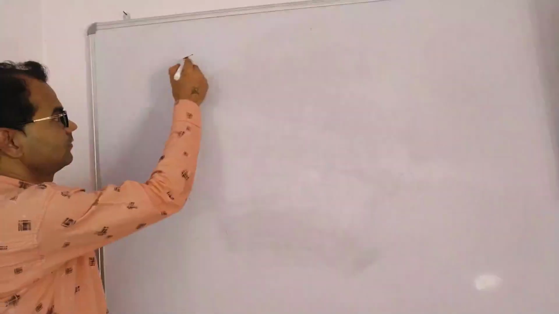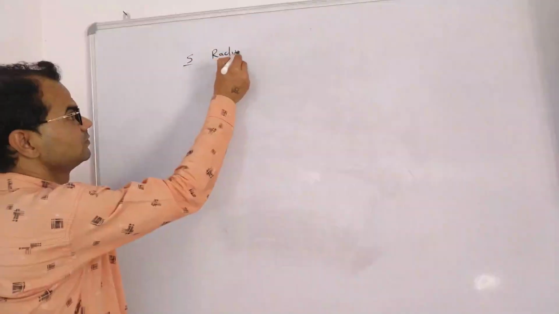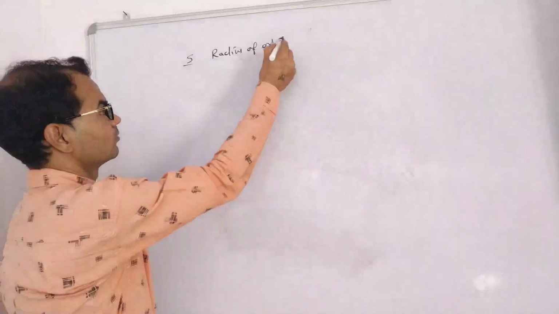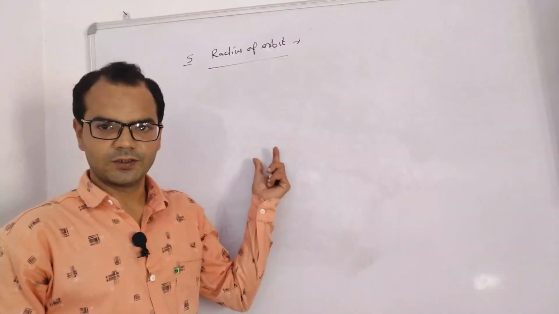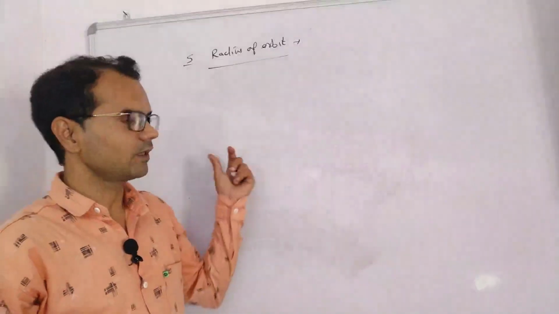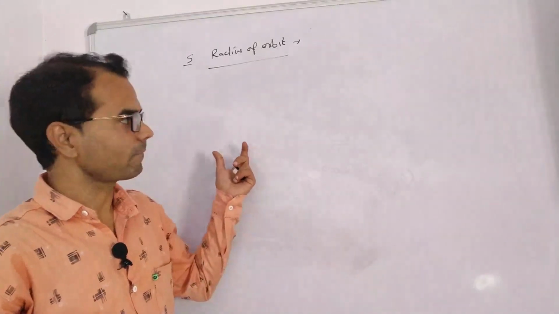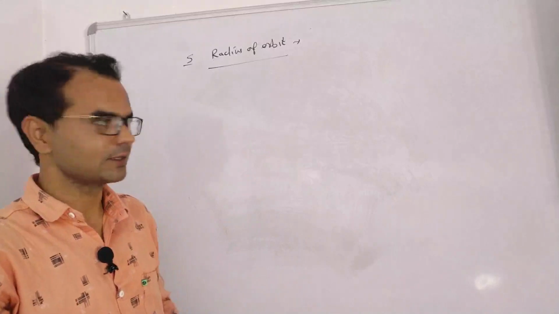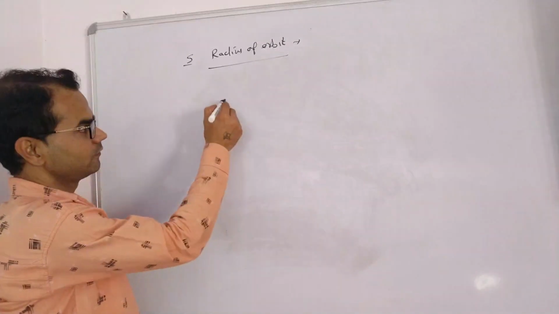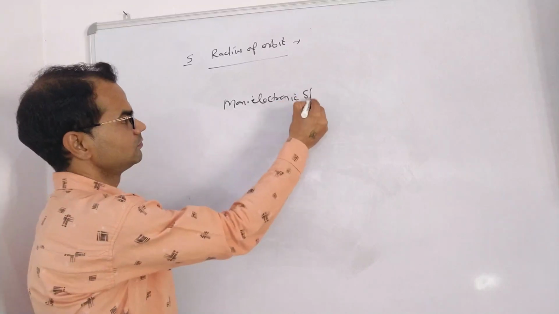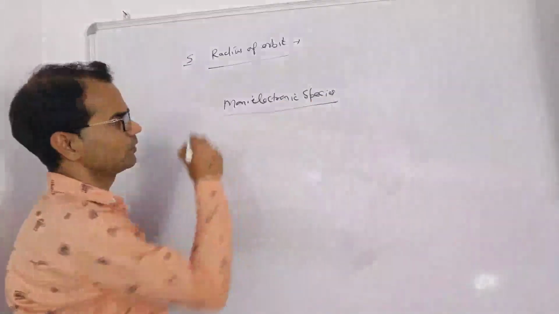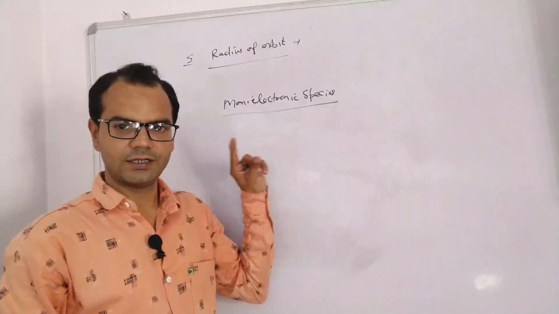Next is fifth and sixth, orbit. He concluded a formula to find out the radius of any orbit. And first, you have to understand that the Bohr model is applicable only for monoelectronic species, containing one electron only.